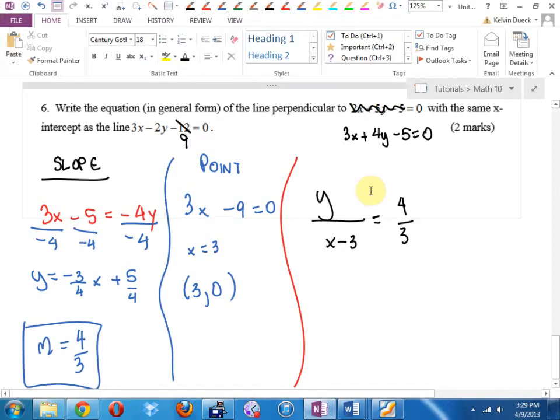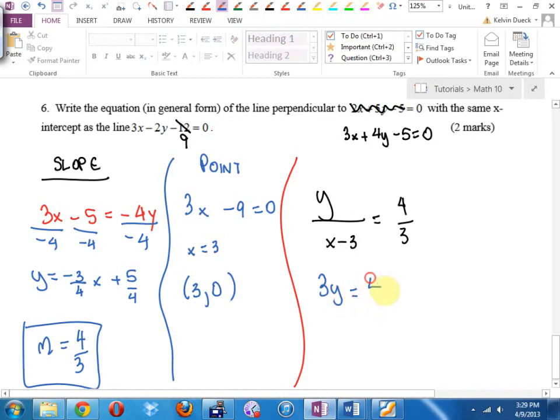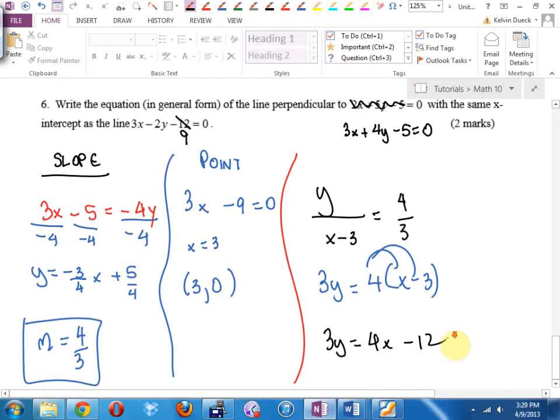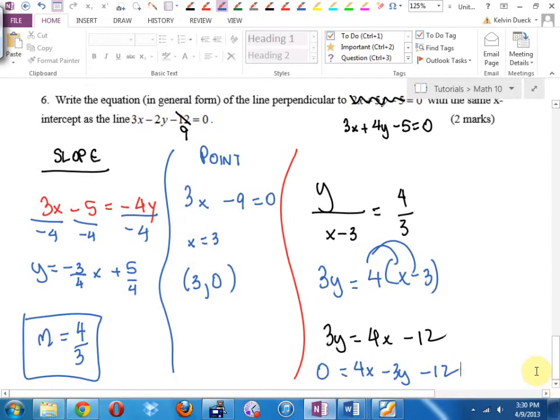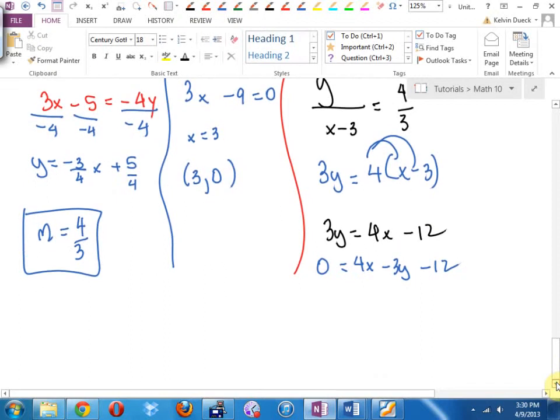You can see where we're going now, yeah? It's going to be 3y equals 4 bracket x minus 3. It's going to be 3y equals 4x minus 12. What did they want? General form? They did. It's going to be 0 equals 4x minus 3y minus 12. There it is.